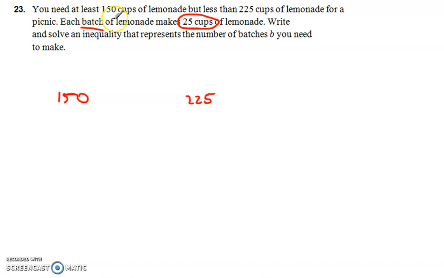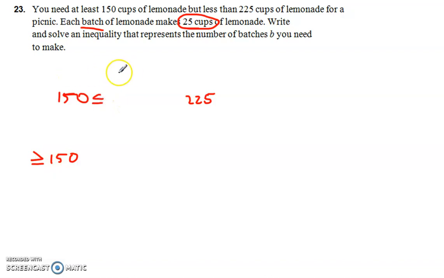Okay, so at least 150. Usually I would write at least saying greater than or equal to 150. Right? But since this is an AND statement, I'm putting 150 on this side and 225 on the other side. And my batch of lemonade in the middle. So notice that this sign is pointing at 150. So I'm going to have to do it this way around.